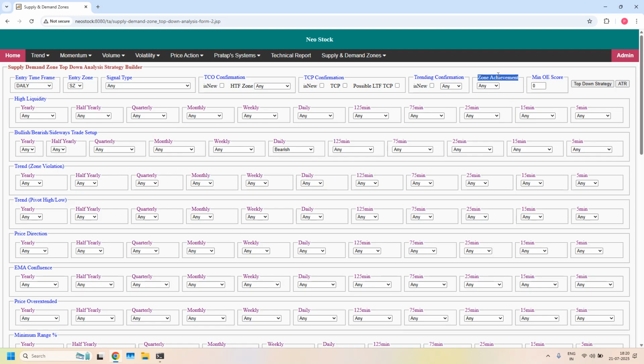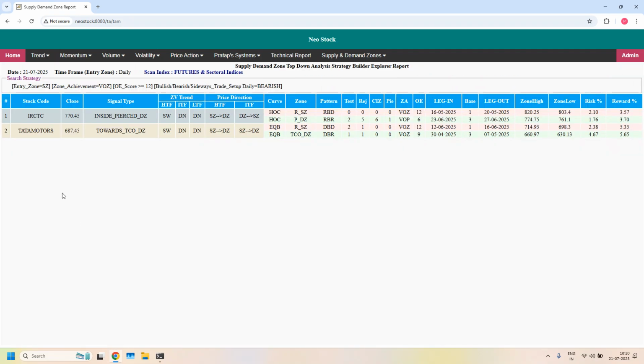Zone achievement should be violated opposing zone, and minimum odd and hands score should be 12 for bullish or bearish. Now both these filters are applied on the daily supply zone. Let's filter. We got only two stocks supporting bearish trade setup for monthly income trade, and the entry time frame zones are daily supply zones.